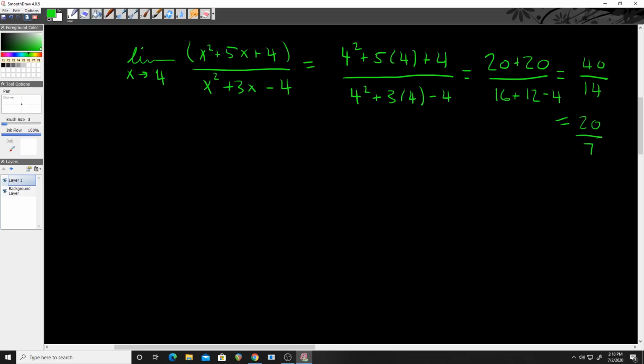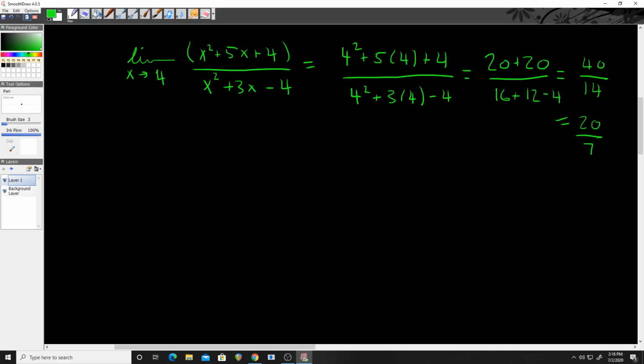And there we go. So this happened to be a problem where we didn't have to cancel anything. We didn't have to factor. We could just plug it in, which is the easiest type of limit problem. Again, the reason we're able to do that instead of having to do a left and right hand limit is because both of these functions, top and bottom, are continuous at x equals 4.